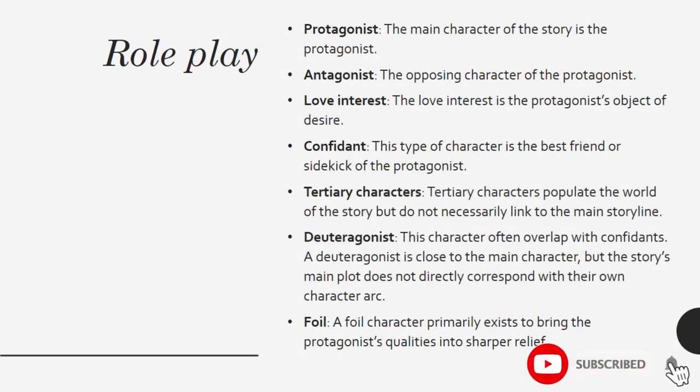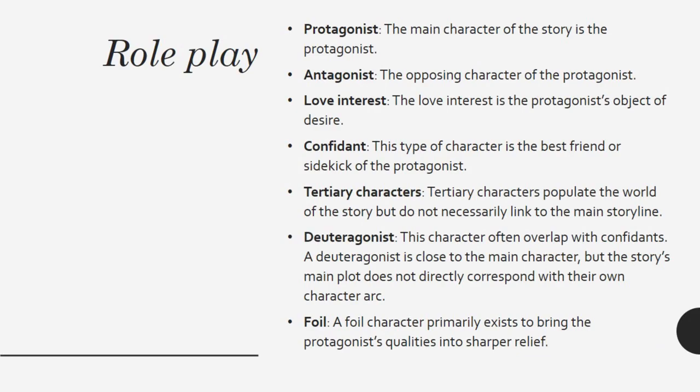Now let's move on to role play. By role play, we are talking about the roles that these characters play in a story. It is by their roles that they are given these names. And the first character that we will look at is the protagonist. The protagonist is usually the main character of a story, and it is usually a major character.